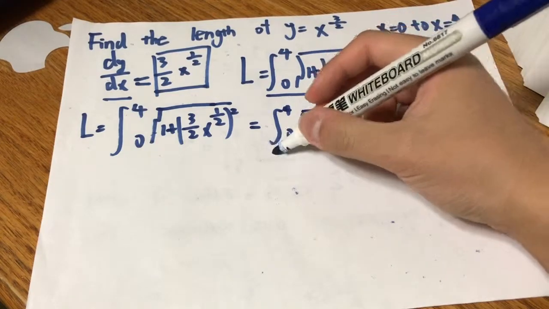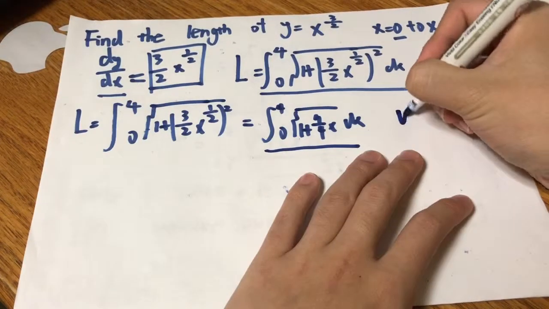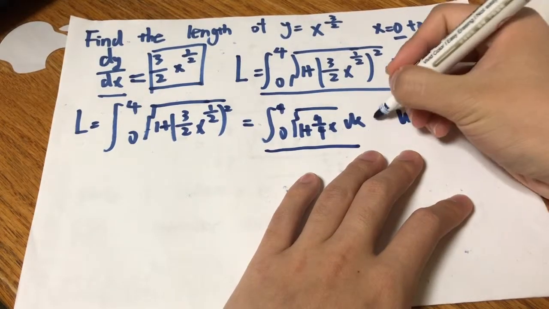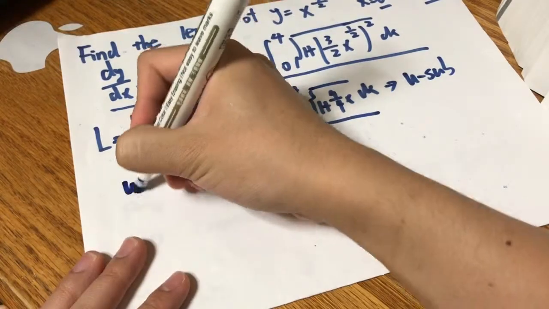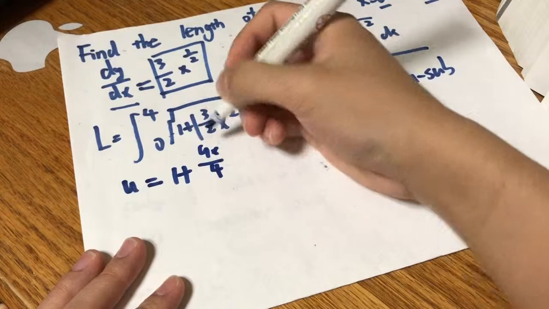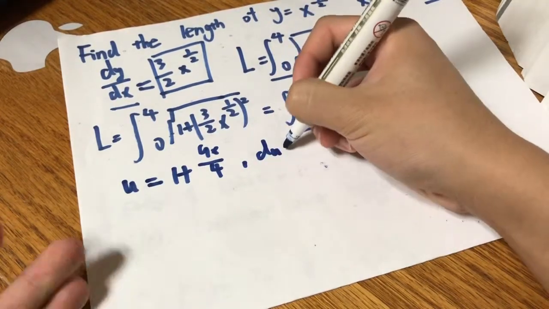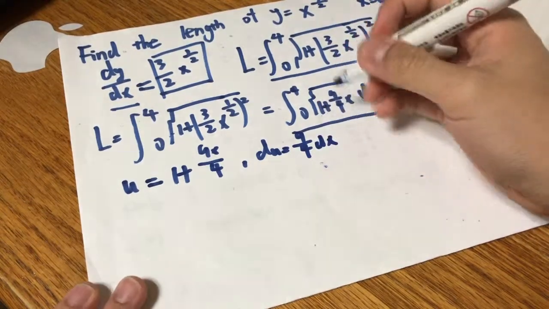So now if we're at this point, the one thing we need to do is u substitution. So we can make it, for example, u equals 1 plus 9x over 4. So du will be just 9 over 4 dx.